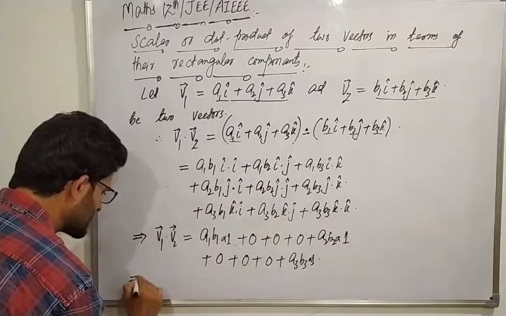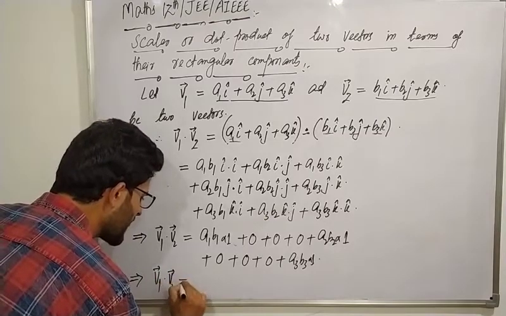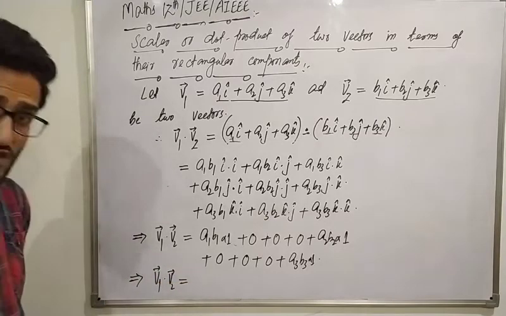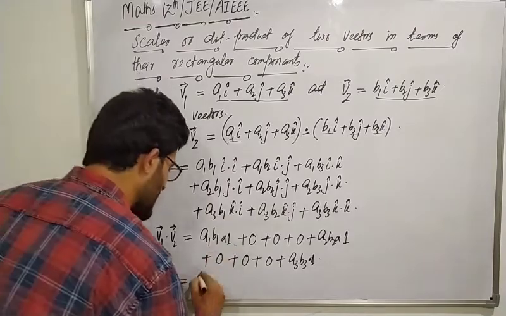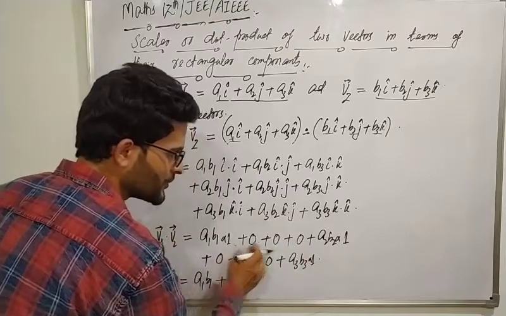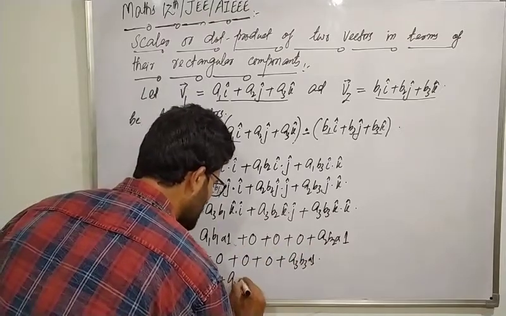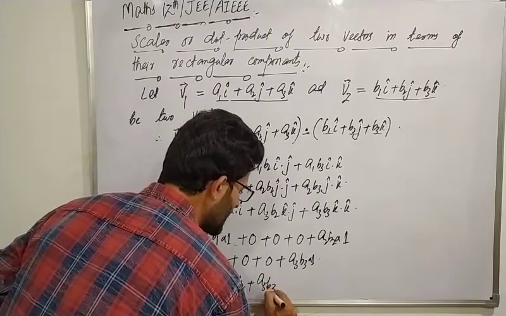So implies we have got the result, that is v1 dot v2, dot product of two vectors mentioned in terms of their rectangular components is equal to a1 b1 into 1, so that is a1 b1 plus 0 0 0 को छोड़ दो तो a2 b2, और प्लस लास्ट में आएगा a3 b3.